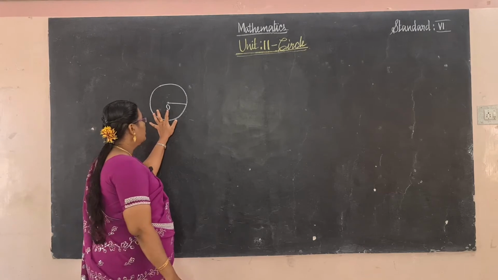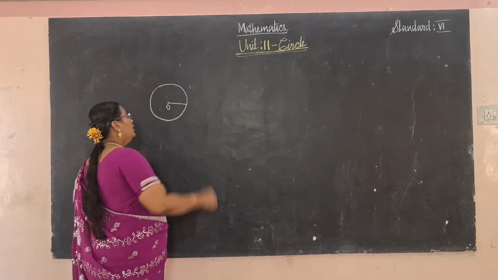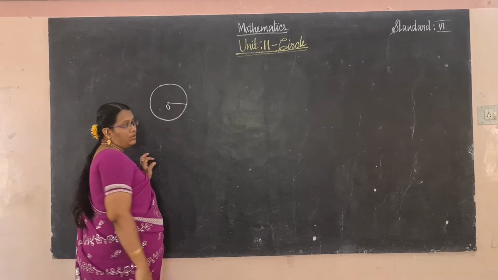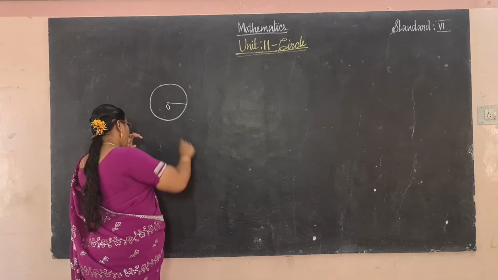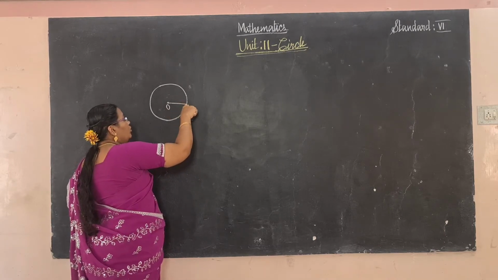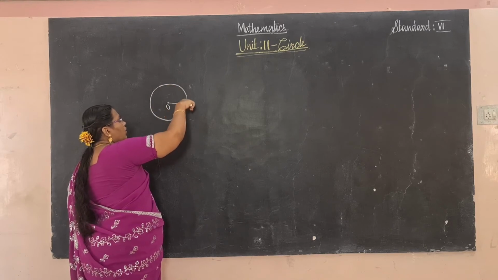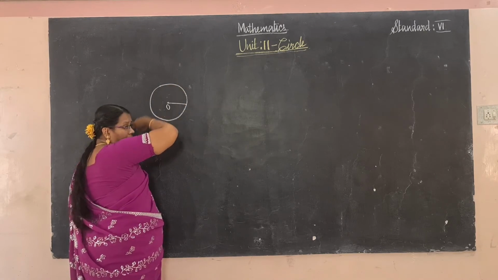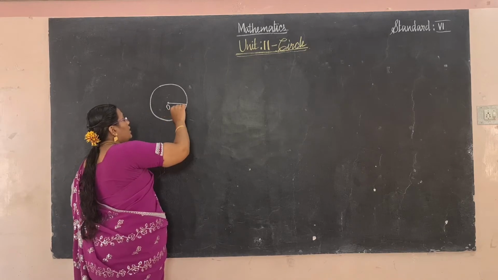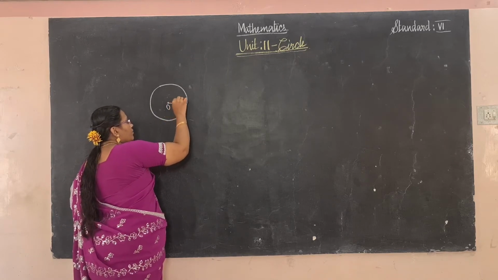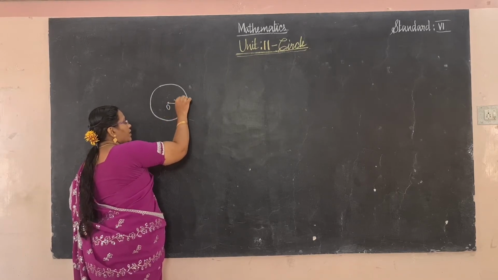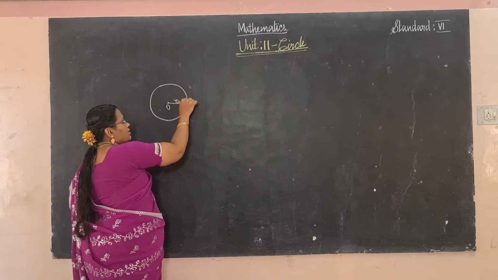It is denoted by O, and the fixed distance from O to any point on the circle, or the boundary of the circle, is called the radius, R. Radius.